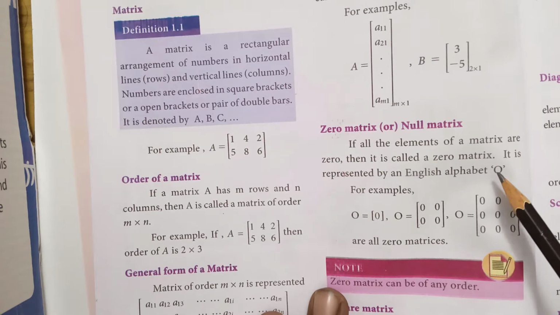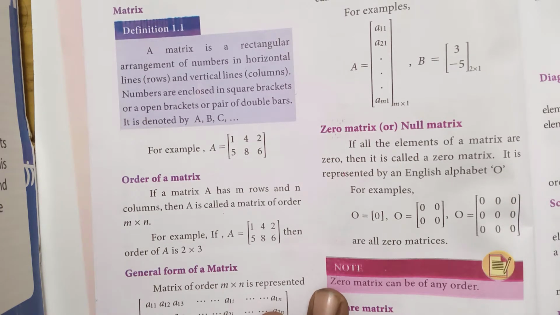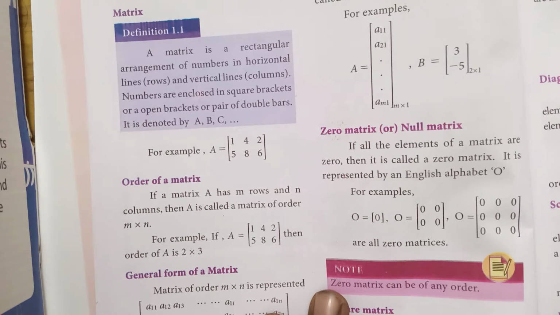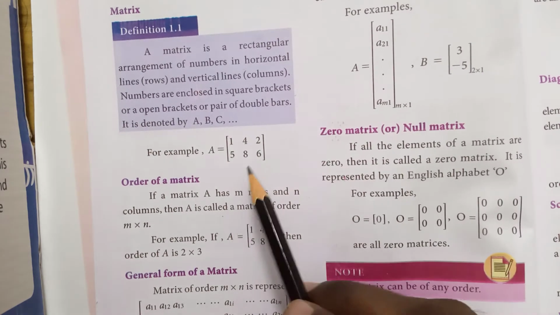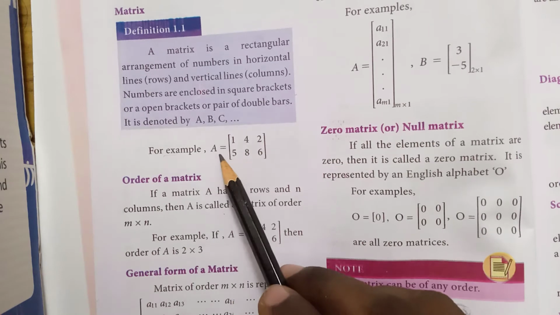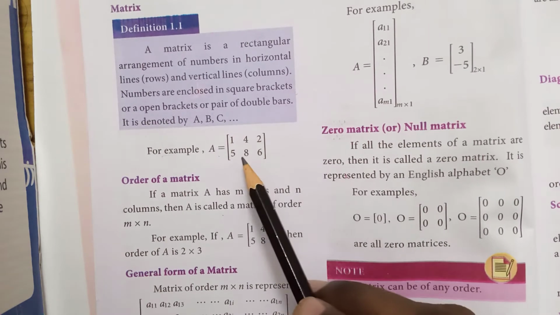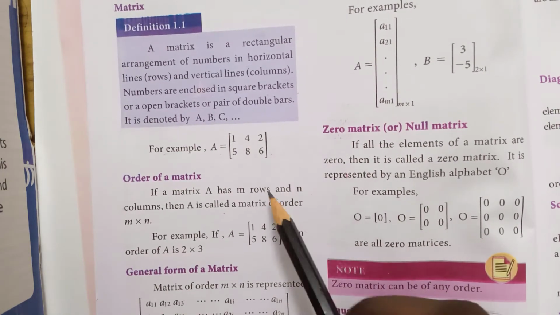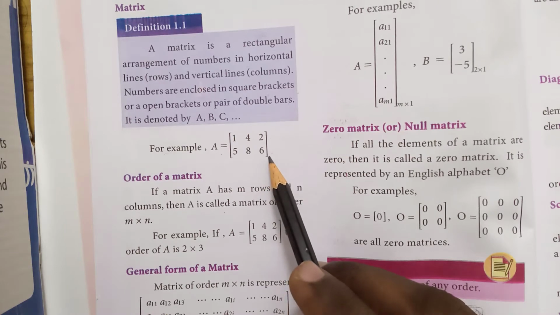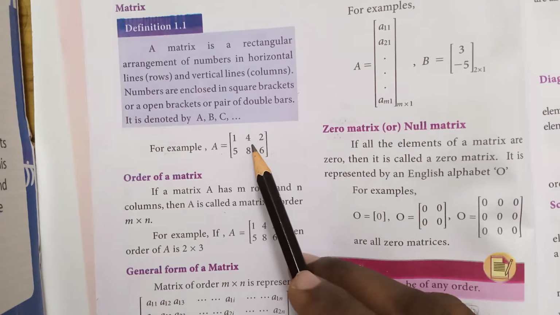The arrangement of numbers taken either row-wise or column-wise is known as a matrix. For example, in this problem, A equals 1, 4, 2, 5, 8, 6. This is the formation of a matrix. This is the rectangular arrangement.